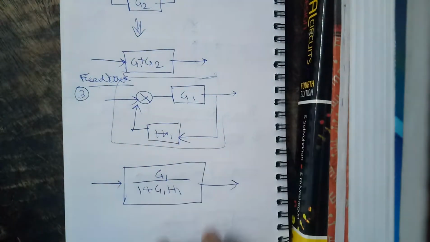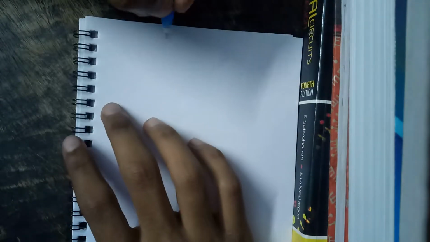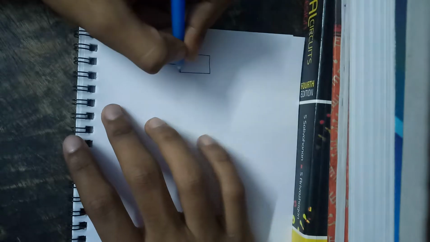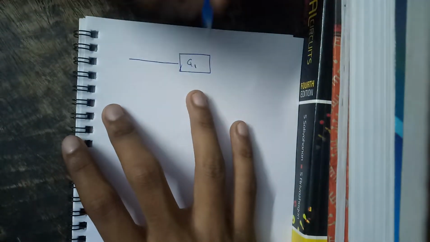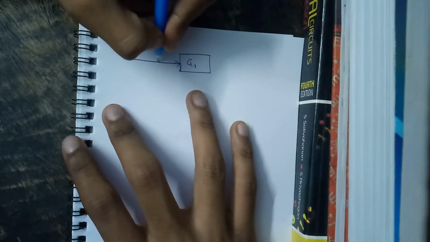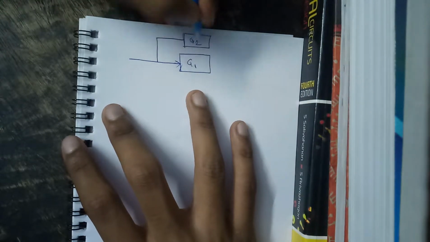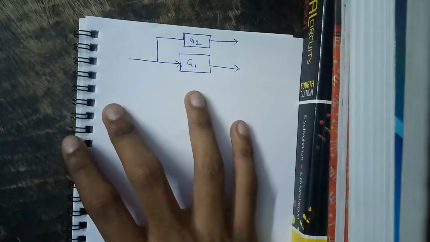Rule 4 is the takeoff point. First of all, we need to know what a takeoff point is. Suppose this is a block g1, we are taking the signal and giving it to another block, suppose g2, and this goes elsewhere.